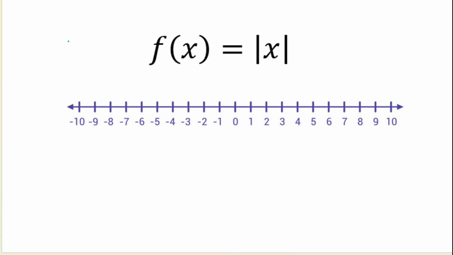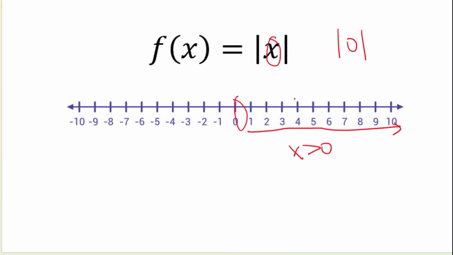So let's examine further that rule. We know that the absolute value of 0 is 0. And for all of the positive numbers, so when x is greater than 0, we have all of these numbers where the absolute value signs are ignored. So when I sub in any of these values, I just get the value back.